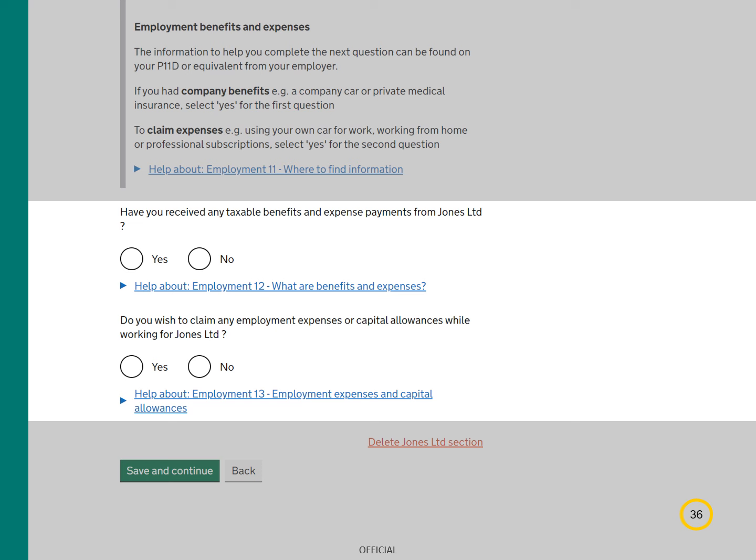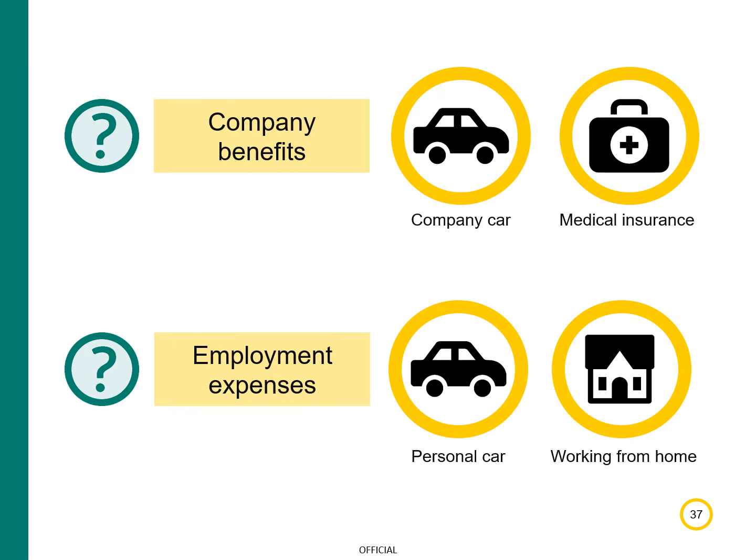The last two questions on the employment page are about taxable company benefits and expenses payments you received from your employer and any employment-related expenses you are claiming. Examples of company benefits are a company car or private medical insurance provided by your employer.